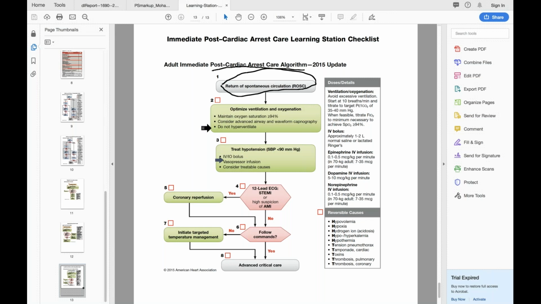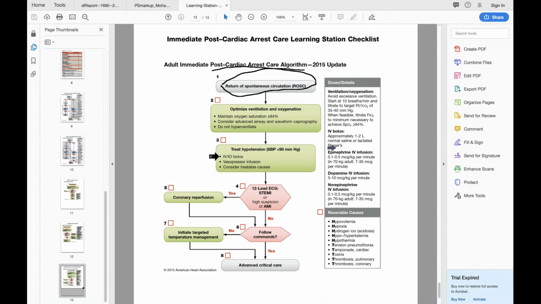C, which is the cardiac. In the cardiac, we will look at the blood pressure basically. If the systolic blood pressure is below 90, you will immediately give him an IV bolus. If it did not work, you will give another IV bolus.